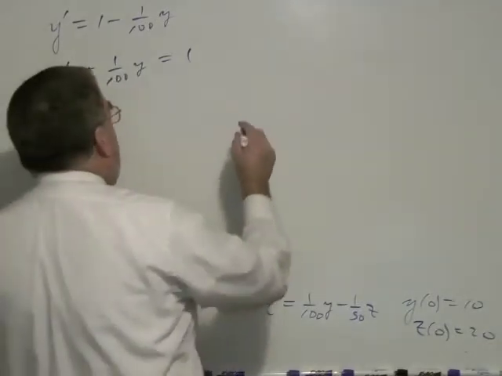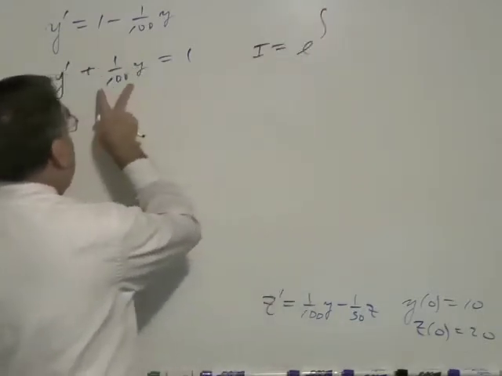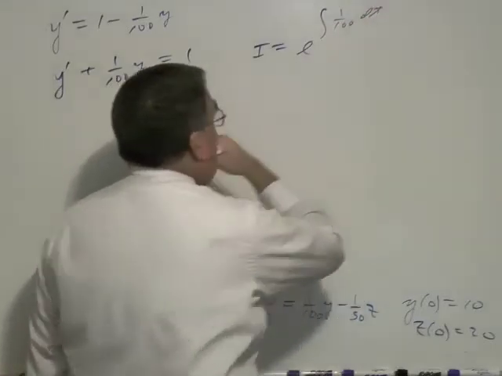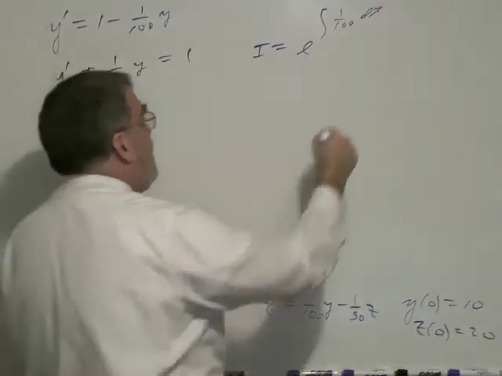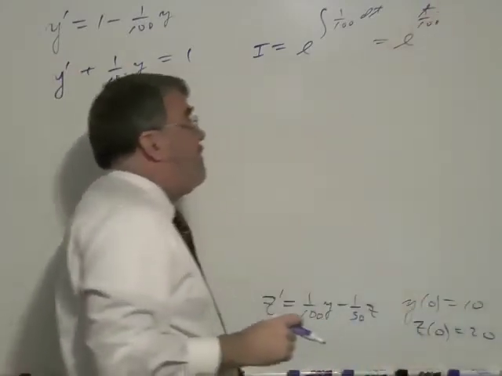And so the integrating factor would be e to this coefficient, 1 over 100 dt. And you can see that this is going to be e to the t over 100.